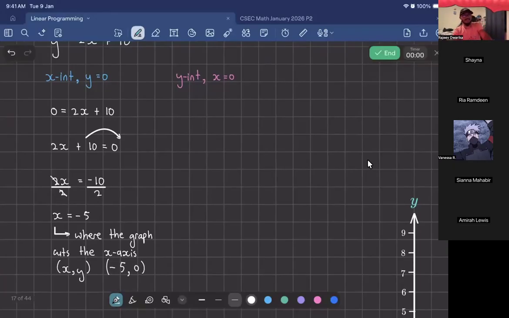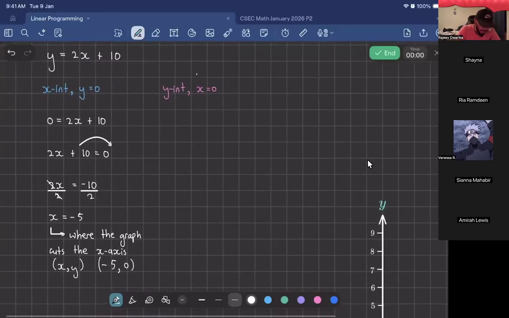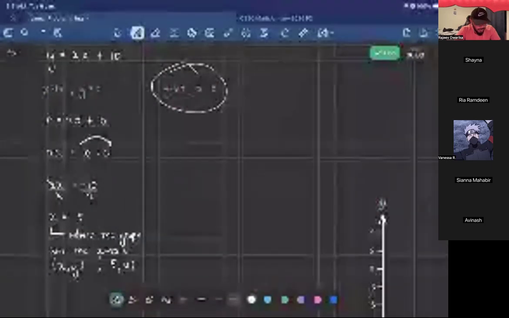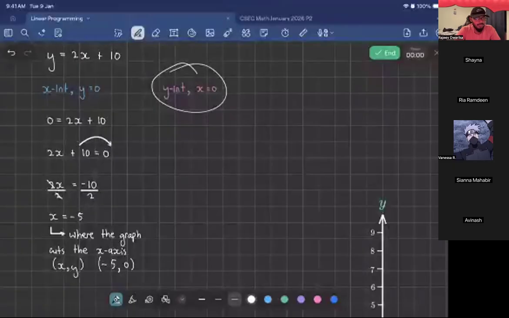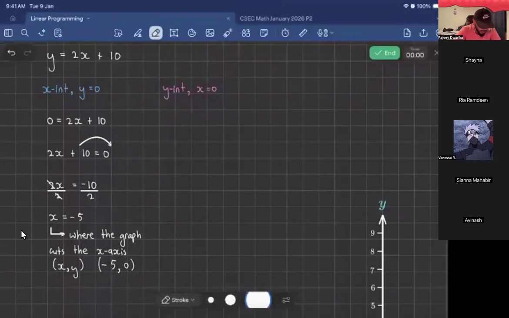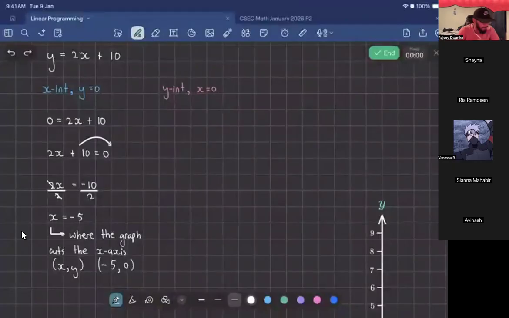Based on the example that Ria did with you, Avinash, I'd like you to come to the podium and give it a try. If we want to find the y-intercept, what do we know instead? That the x value is 0. So anywhere I see x over here, I'm going to replace x with 0. You tell me what to write.